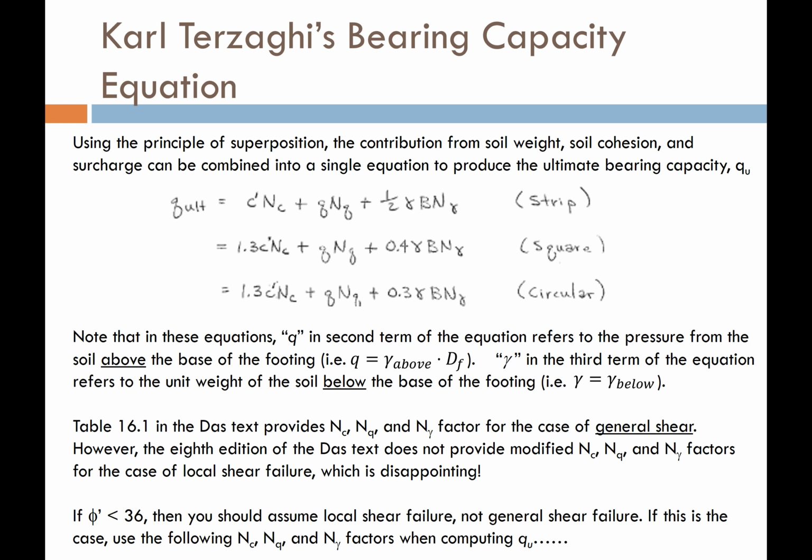So this theory from Terzaghi was groundbreaking. It was actually amazing, and researchers have been working and adding and building upon it ever since. Terzaghi's original work dealt with infinite strip footings, but other researchers have developed relationships for square footings and for circular footings.